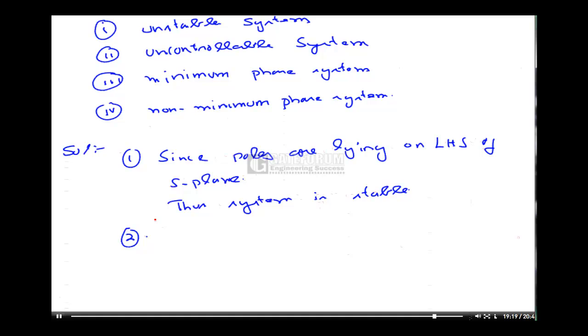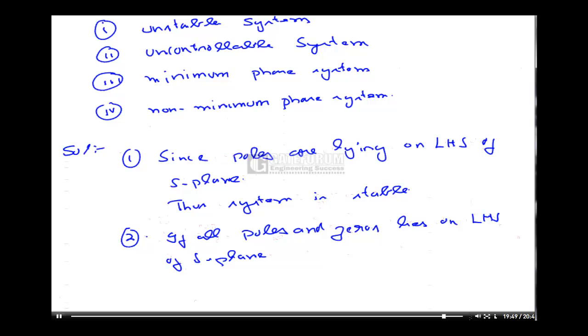Second, if we look at the phase of this function, then if all poles and zeros lie on the left hand side of the S plane, the system is minimum phase, else non-minimum phase.